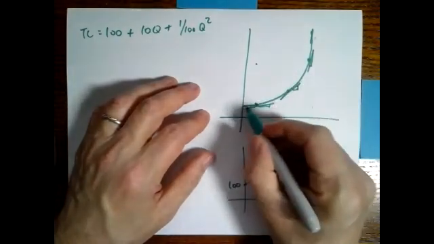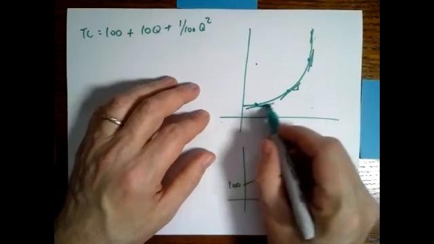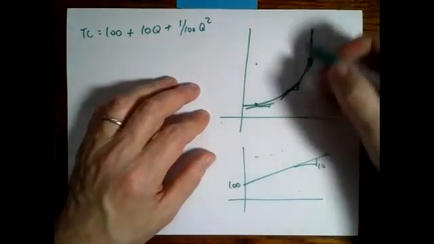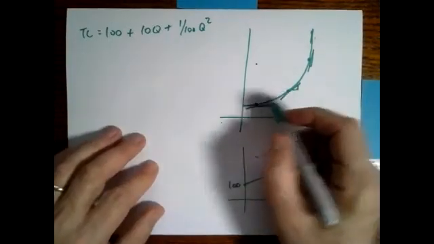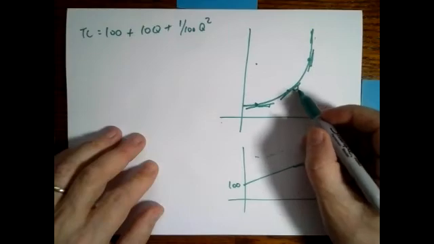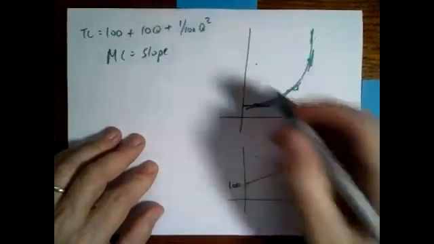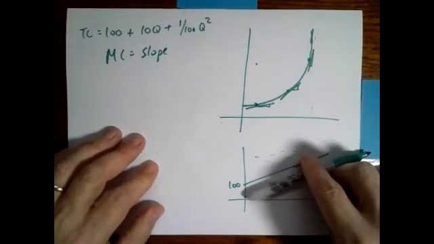And you can see as we move along the curve, the tangent line starts out relatively flat, and then it gets steeper and steeper as the line accelerates up. And so the slopes of these tangent lines become the marginal cost. So the marginal cost is still equal to the slope, but the slope is not as easily calculated; it's not quite as simple.